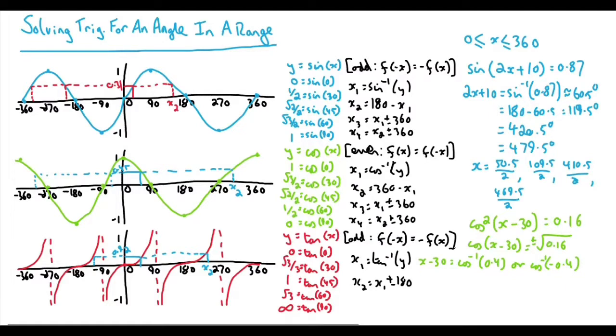Well, if we were just to do the cos inverse of your positive 0.4, that's going to get you with your x minus 30 equaling, again, let's say 1 decimal place, 66.4 degrees, whereas if you had done it with your negative 0.4, that's now going to be 113.6 degrees.